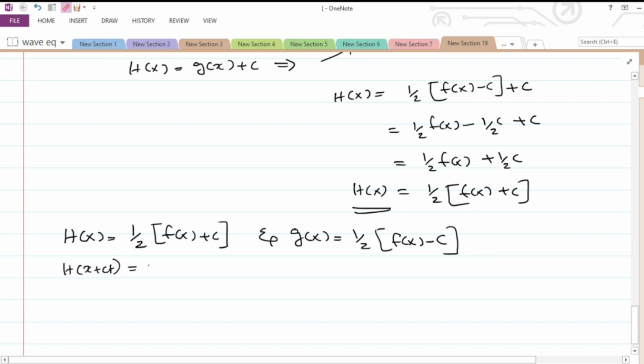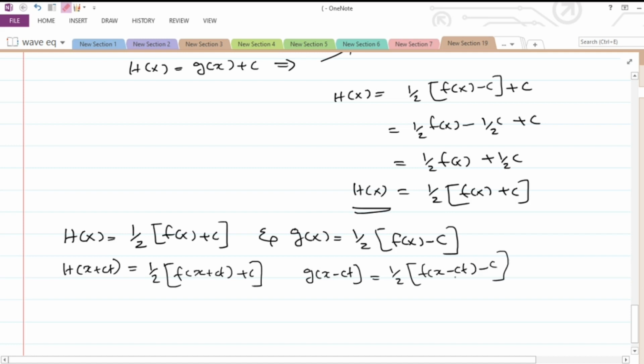We just need to substitute x plus ct instead of x, so h(x+ct) is 1/2 times f(x+ct) plus c, and g(x−ct) is equal to 1/2 times f(x−ct) minus c.